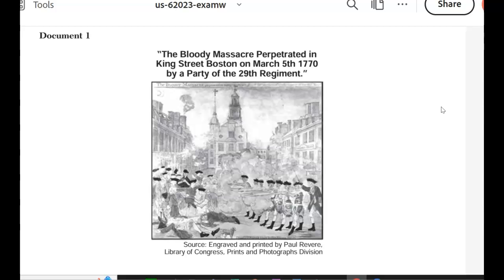This was not meant to be shown in England. He didn't really care if it was shown in England, I guess. I guess it could have been. He wasn't trying to prevent it, but he was targeting it toward fellow colonists, and the purpose was to get them angry at the British. Therefore, he's going to paint the British in the worst possible light. It's therefore not a very reliable record of what actually happened that night.